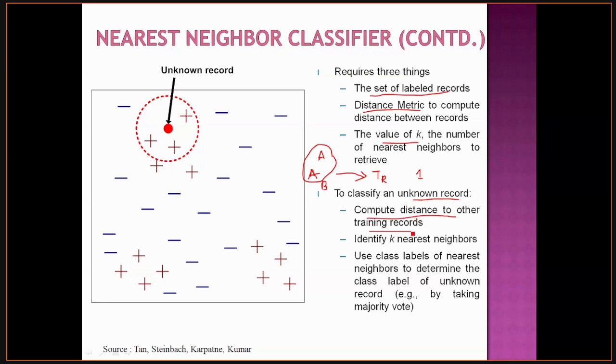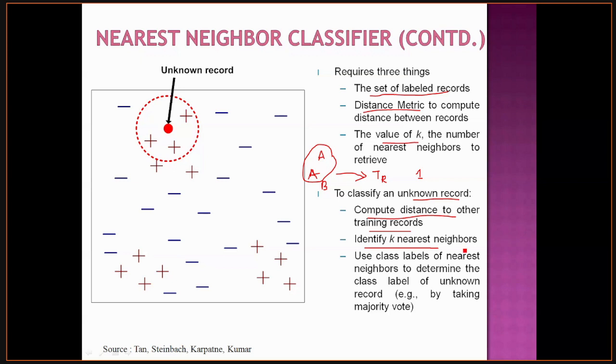For each instance of the training record, the distance will be calculated with that particular unknown record. So we take one test record at a time, compare it with the different training records, and then come up with the label based on the majority label.